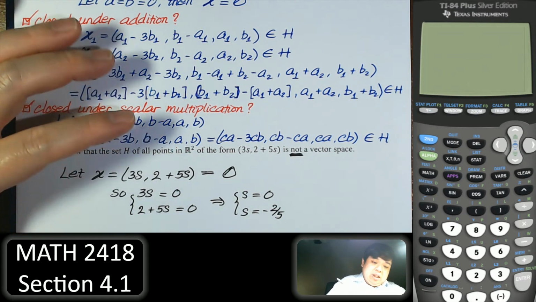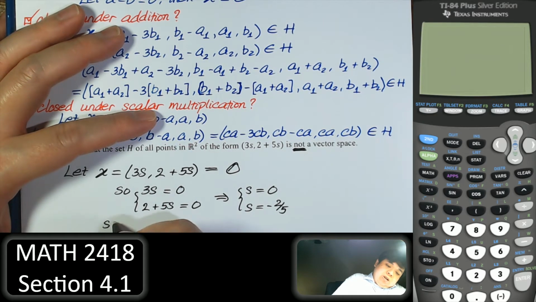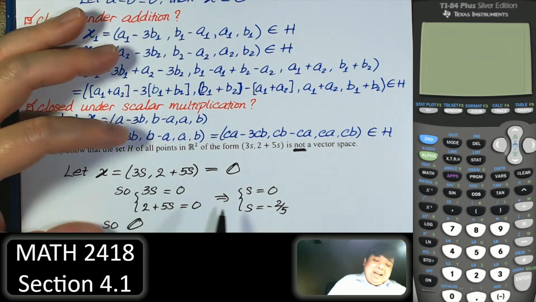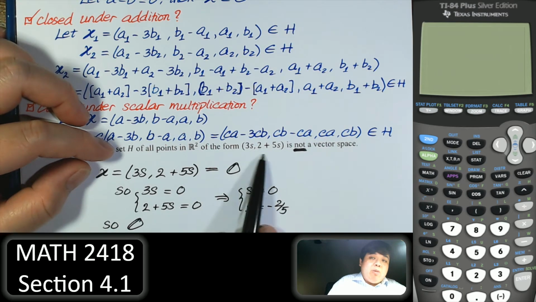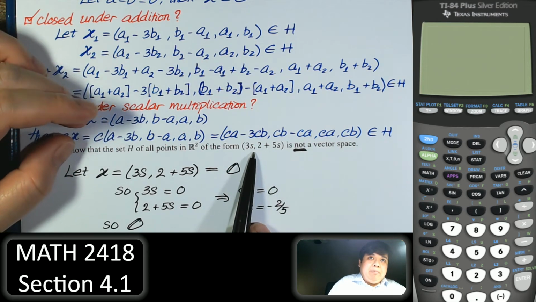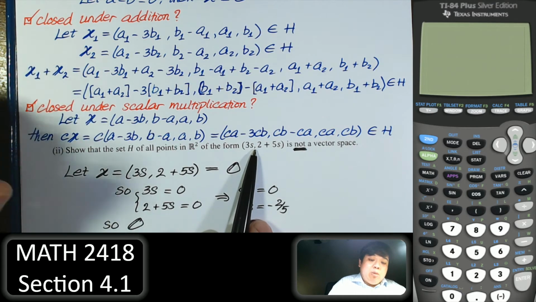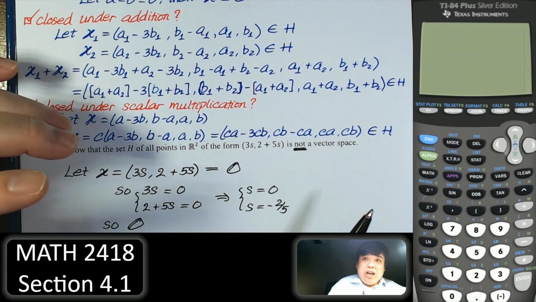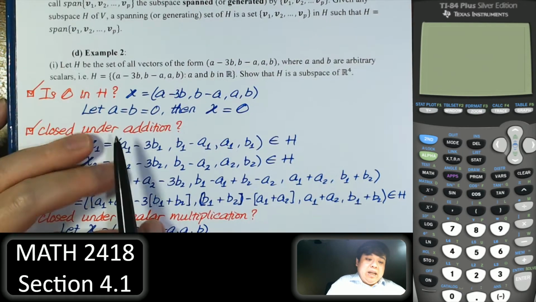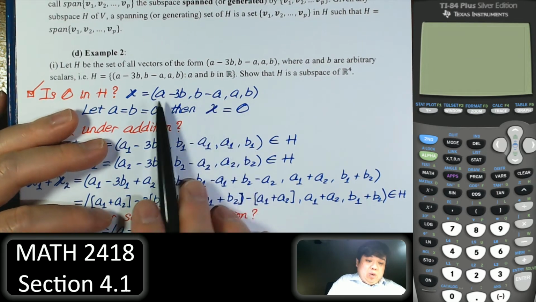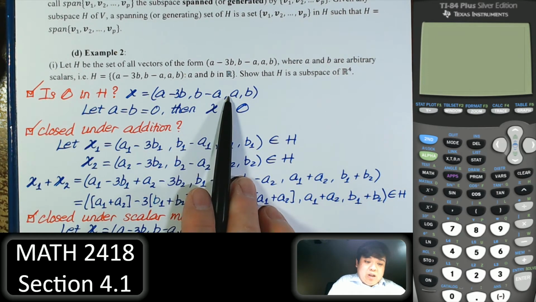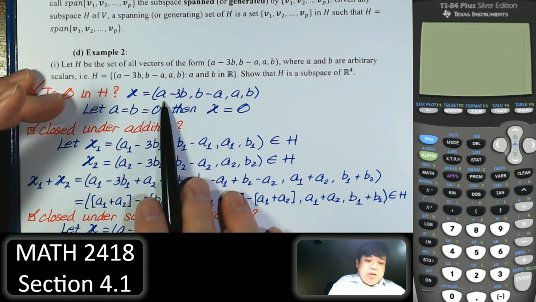So the 0 cannot take this form. This form cannot be equal to a 0 vector, right? For this to be 0, s has to be simultaneously equal to 0 and equal to negative 2/5. It cannot. In here, yeah, it can be equal to a 0 vector if we choose the values to be all 0.